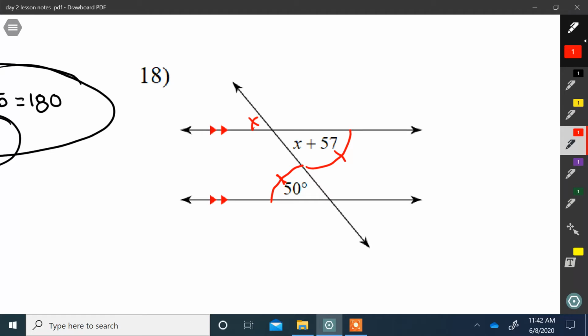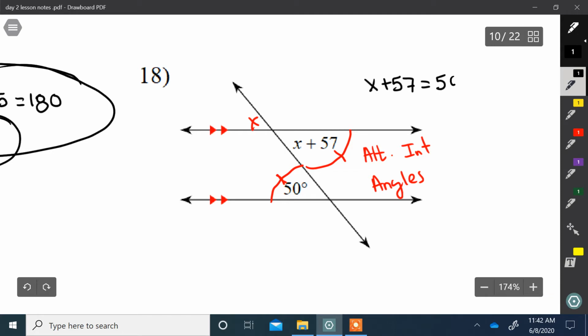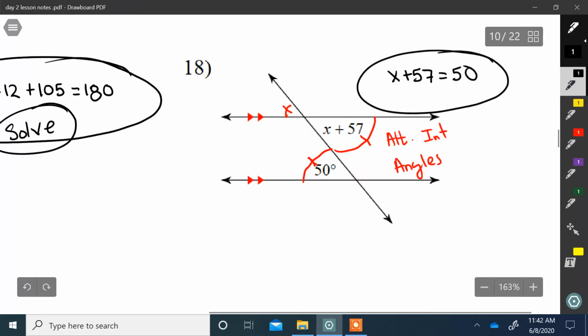We also call this one alternate interior angles. And alternate interior angles are always congruent. So the way we set this one up is like this: x plus 57 is equal to 50. That is how I set it up.